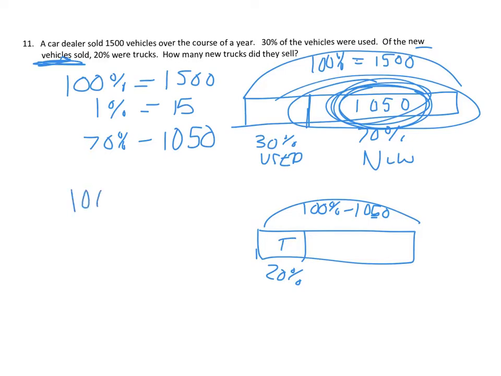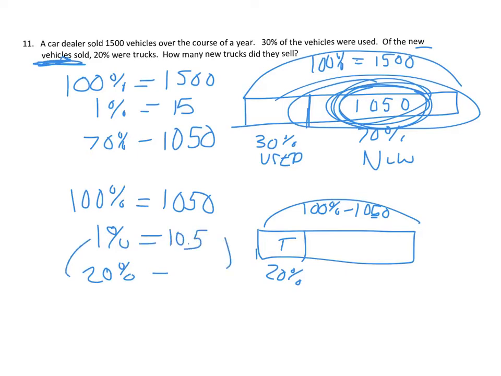So if all 100% of the vehicles is 1,050, and I'm trying to find 20% of the vehicles, if I can find 1%, which I can, divide it by 100, 10.5, and then I need 20 of those, I multiply that 10.5 times 20, it gives me 210. So that means that 210 of all the vehicles are trucks.